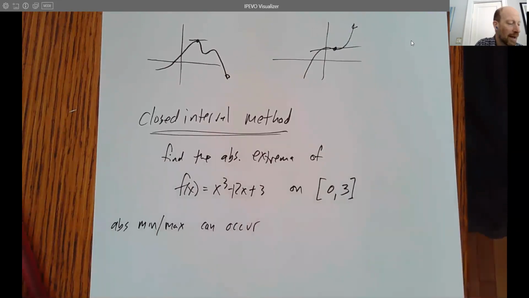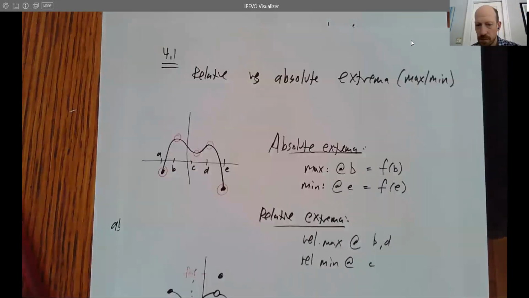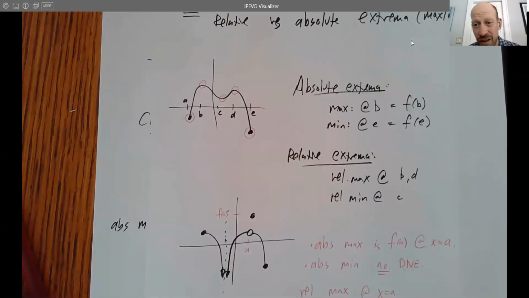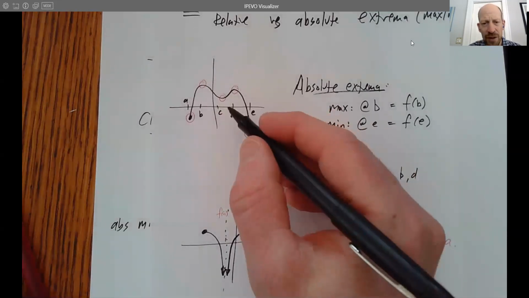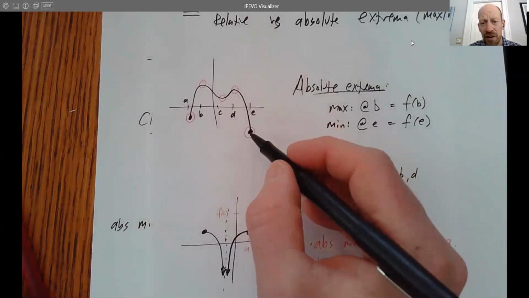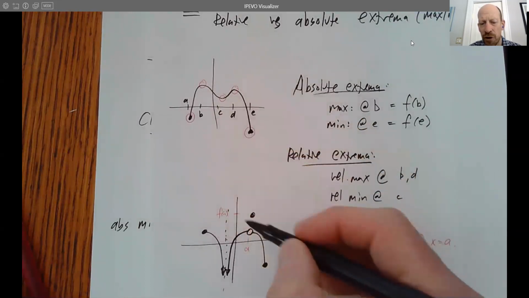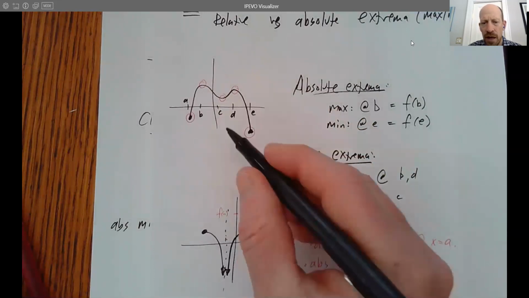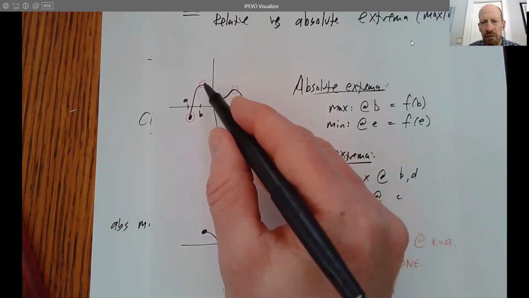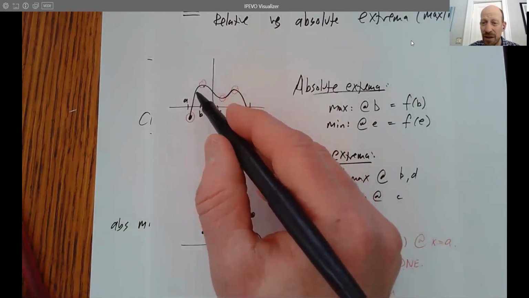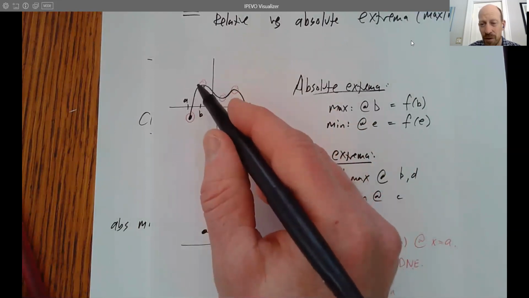A min or a max, from these examples, now this is not a proof, there's a more detailed proof given, but from these examples, you can see one possibility is at an endpoint. Sometimes an endpoint is the minimum or could be a maximum. If it's not an endpoint and it's an absolute maximum, it turns out it also needs to be a relative maximum.